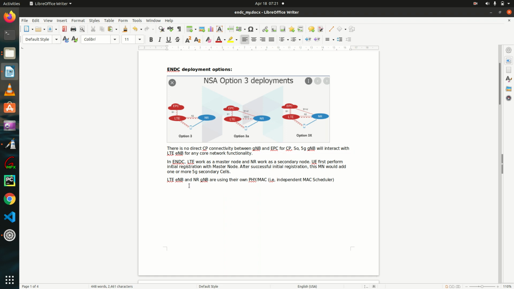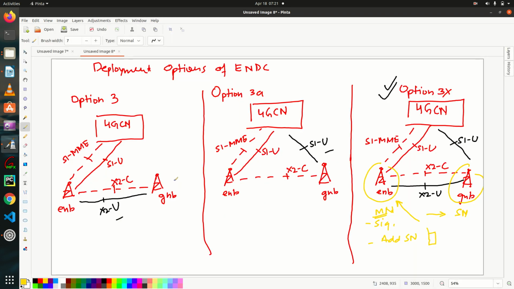Then LTE node B and NR gNode B are using their own MAC. You will get a better understanding of this point when we look at the difference between CA and ENDC. That's all for today. In upcoming lectures we will look at CA versus ENDC first.